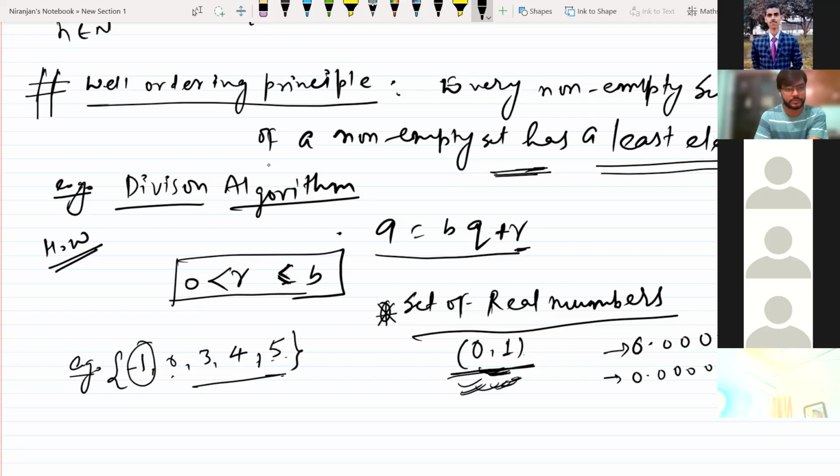What do you think of this one? -1. Is this the least or not? If you are not going to answer, then just ask me to move on and I'll move on.